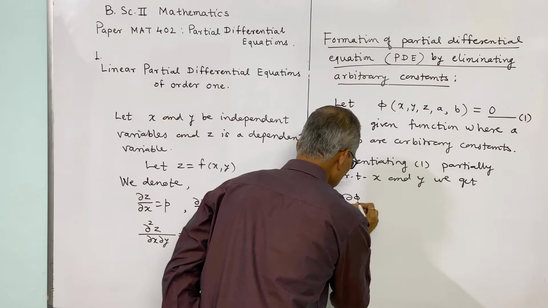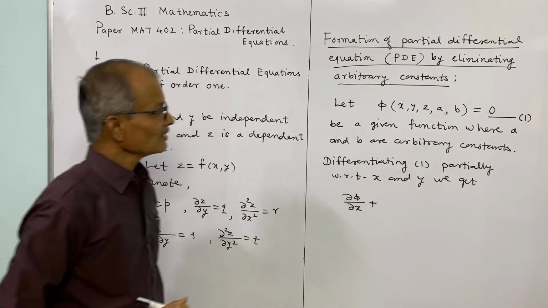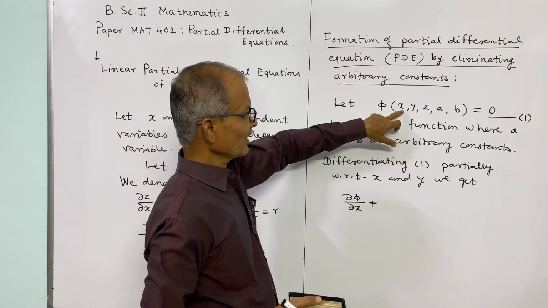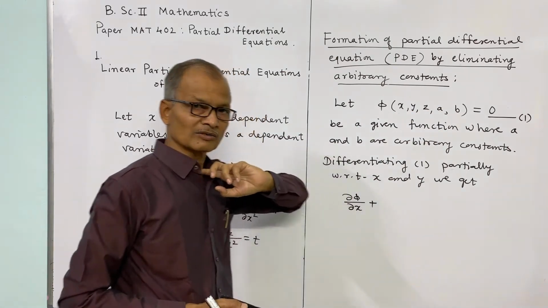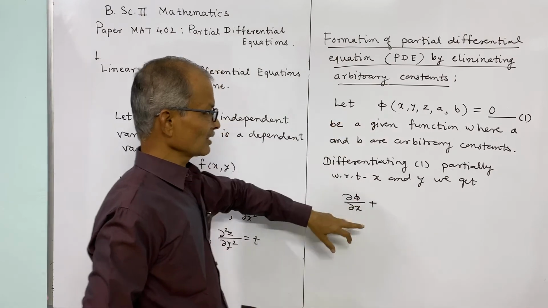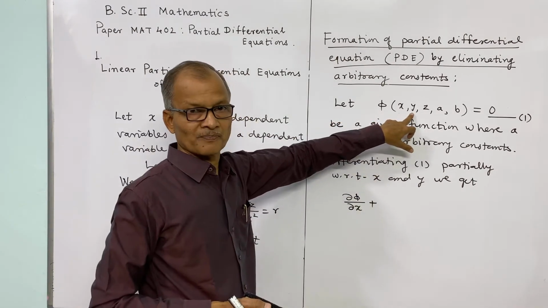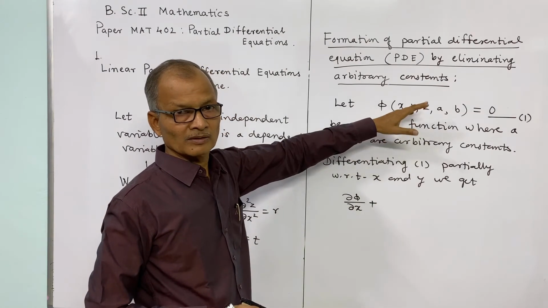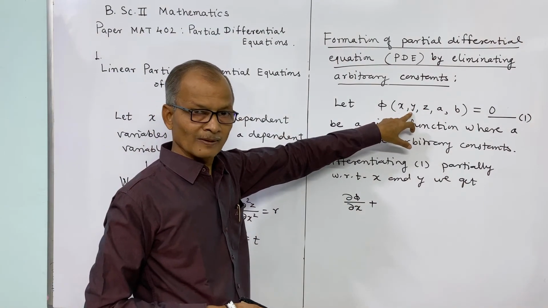Plus, phi is not only a function of x, but also a function of x, y and z, and a, b are constants. So partial derivative of phi with respect to x plus, now y is to be treated as constant, so its derivative with respect to x will be 0.